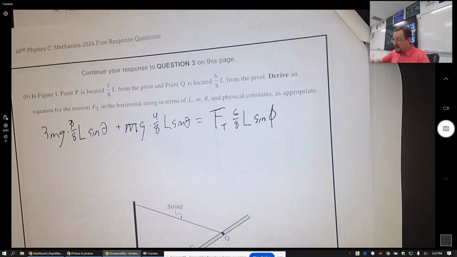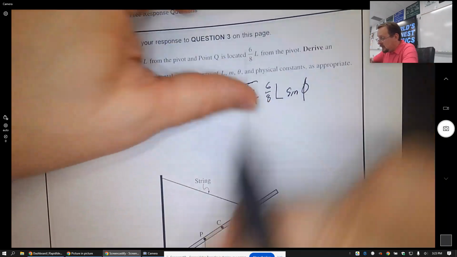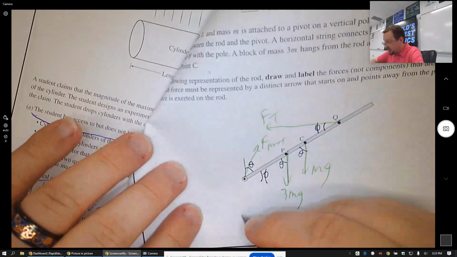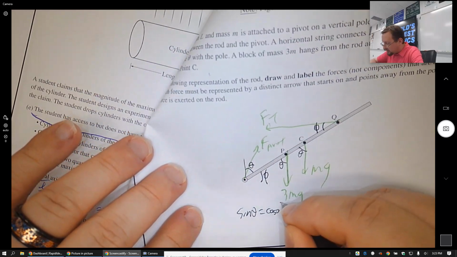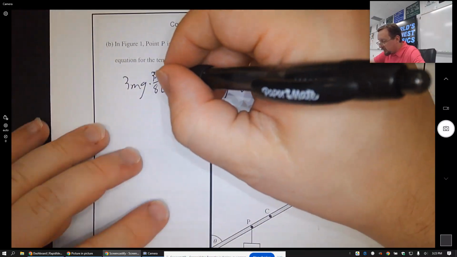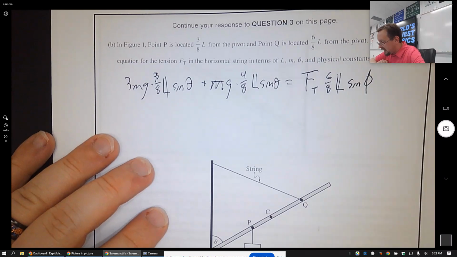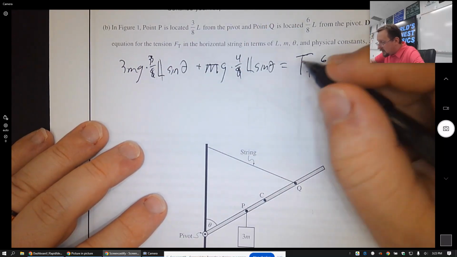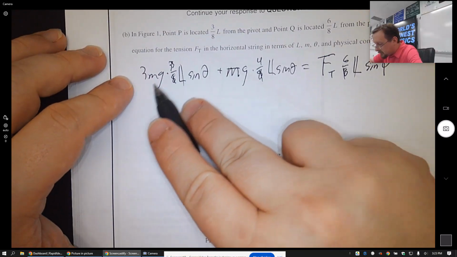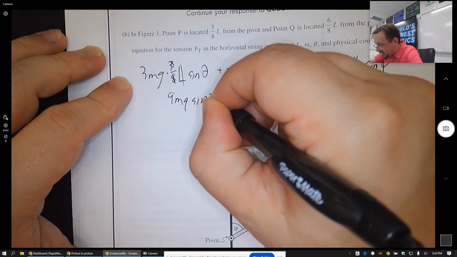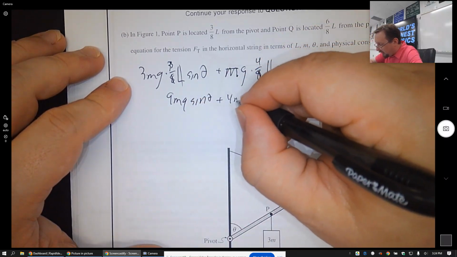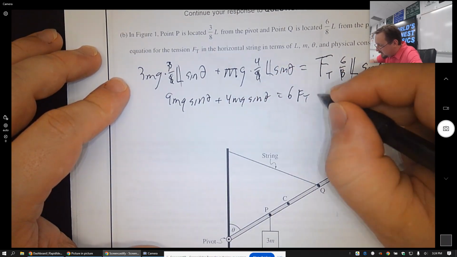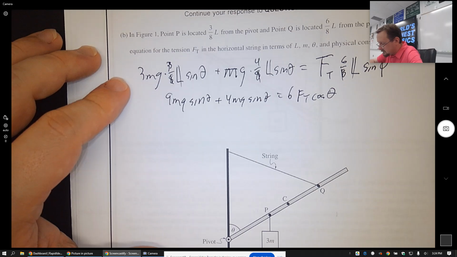Now, because theta and phi are complements, the sine of theta is equal to the cosine of phi, and also the L in every term cancels out. L is in every term. The 8 in every term cancels out, so this is going to become 9 mg sine theta plus 4 mg sine theta equals 6 FT cosine theta.